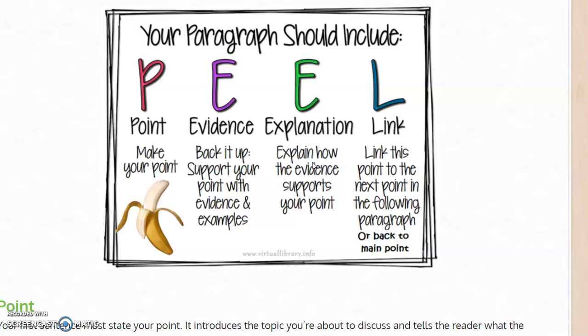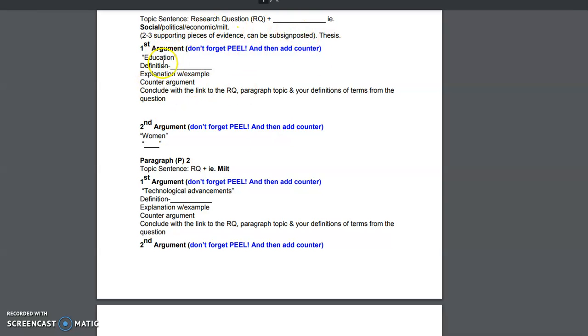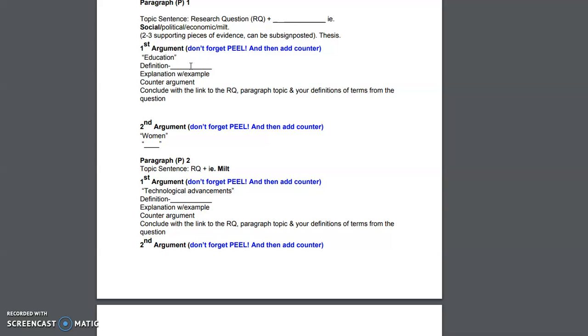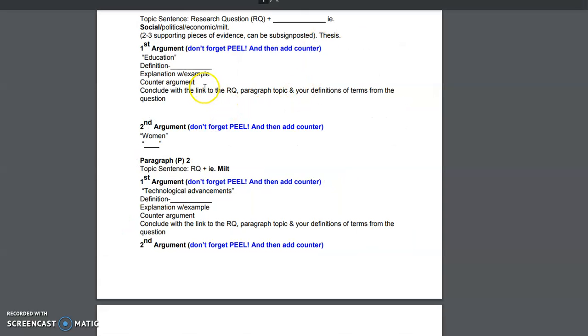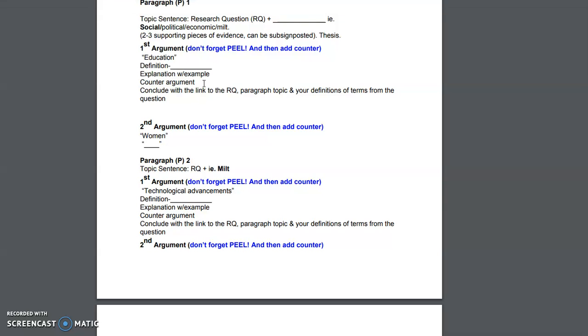So what you're doing with this PEEL is you're basically in this essay argument saying, here's my point, all right? This is how it was a colonial legacy, either politically or economically, all right? I'm going in and now I'm going to give evidence of how it was something, all right? And then I'm going to explain why it was either for or against, agreeing or disagreeing.